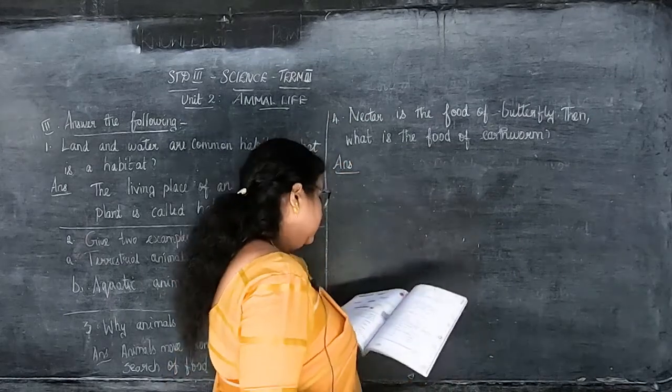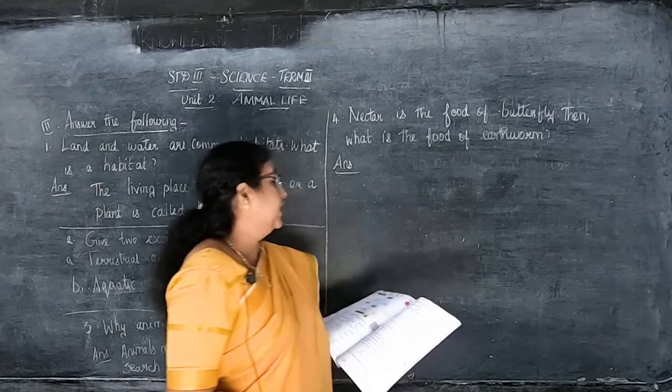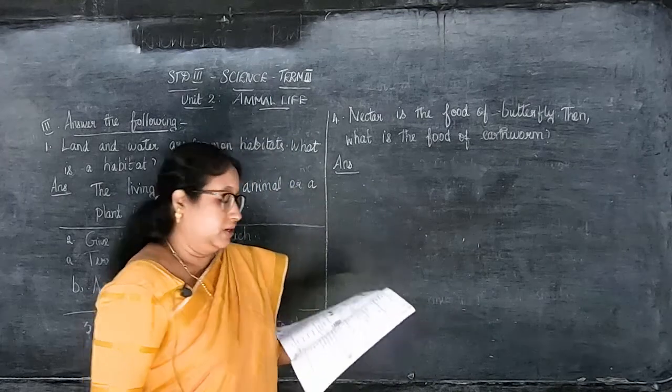So this is the question, children. Nectar is the food of butterfly. Then what is the food of earthworm?